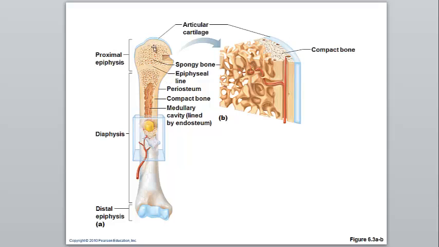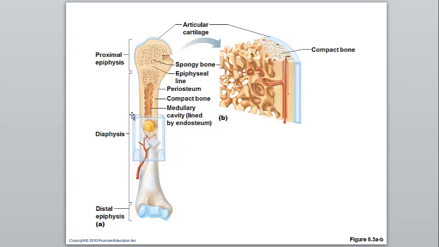So here is your proximal epiphysis, covered with articular cartilage, which is also hyaline cartilage. This is the spongy bone area, epiphyseal line. This is an adult bone. And then followed by that is the diaphysis. The diaphysis has a hollow space in the center called the medullary cavity. This cavity is lined by endosteum.